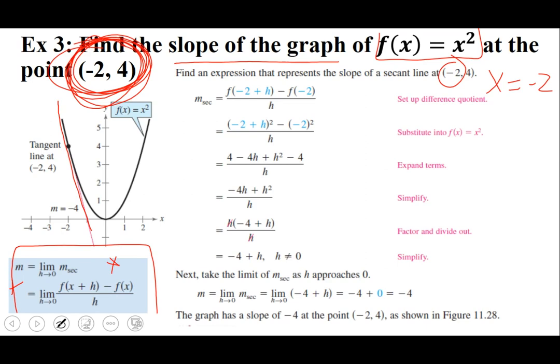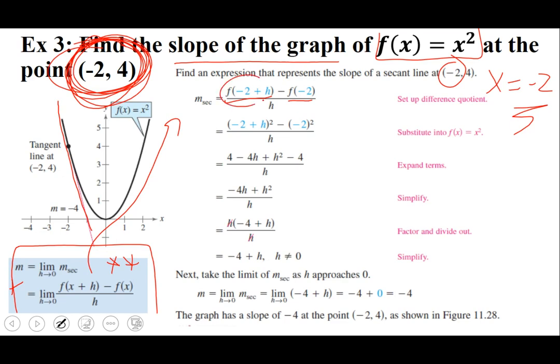If you're finding it at a specific point, then instead of using x in the formula, you use whatever x is equal to, which in this case is -2. So taking the difference quotient, which is the slope of the secant line, m sec for short, instead of finding f of x plus h, because this problem has an x of -2, you find f of -2 plus h. Minus, instead of f of x, you do it specifically at f of -2. And then of course you divide by h.